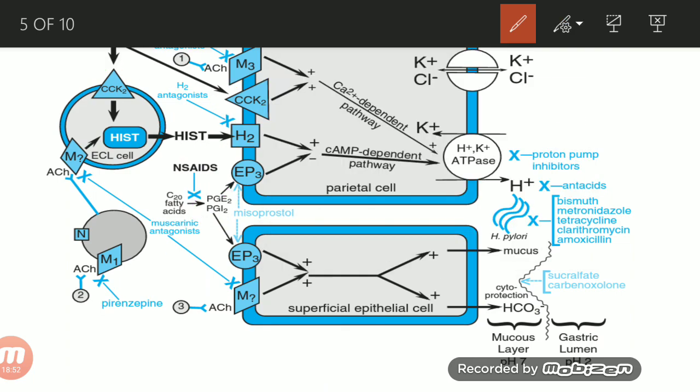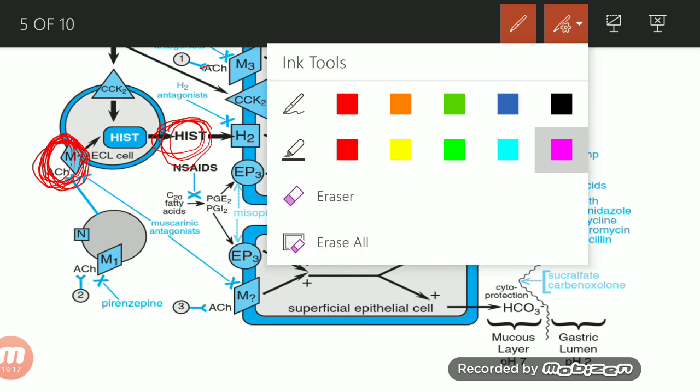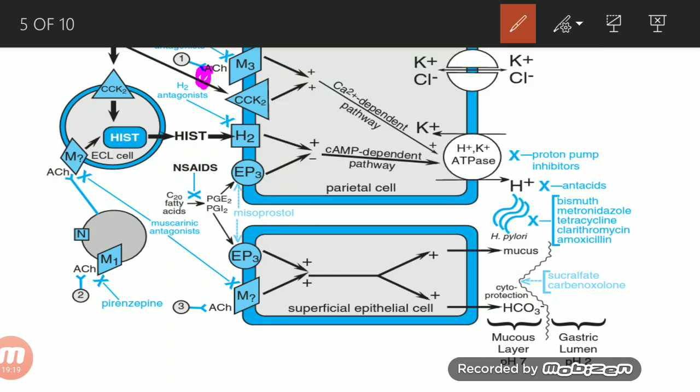Direct control. Acetylcholine going and acting on your ECL cell, liberating histamine, causing release of H plus ion. This is indirect control. In case of direct control, you have acetylcholine directly going and acting on your M3 receptor, causing release of H plus ion. This is your direct control.